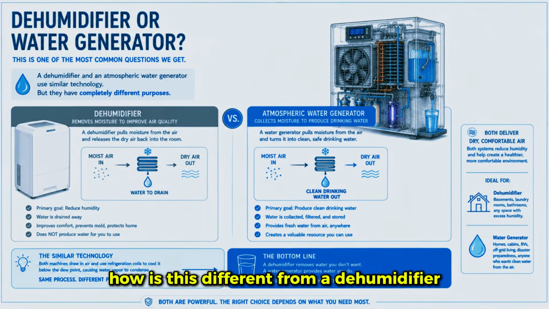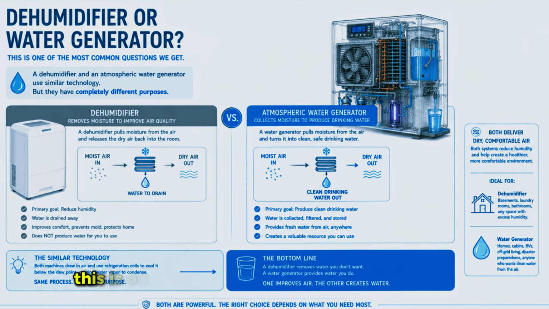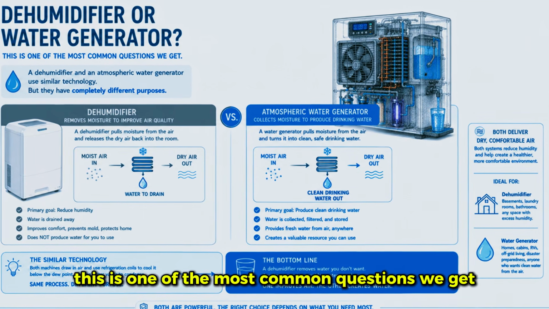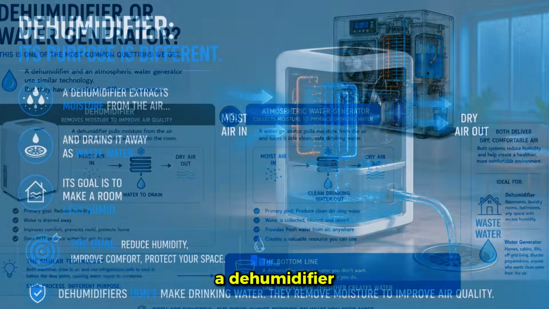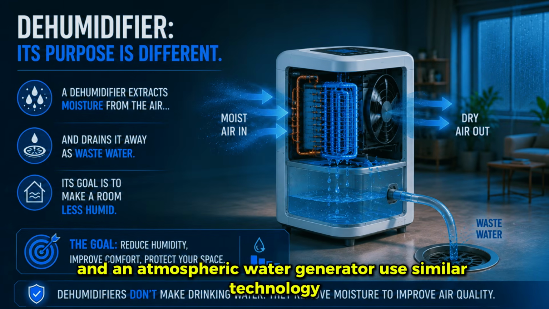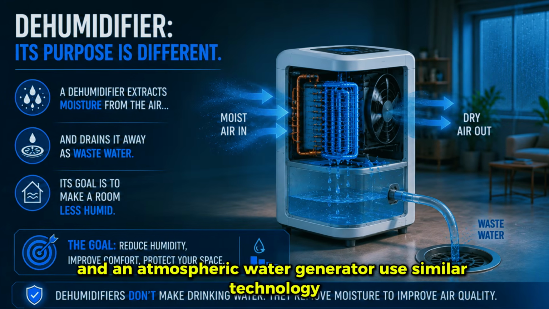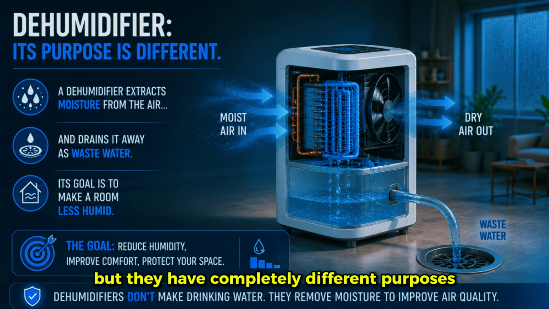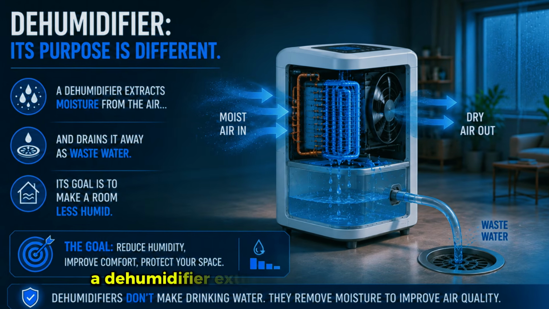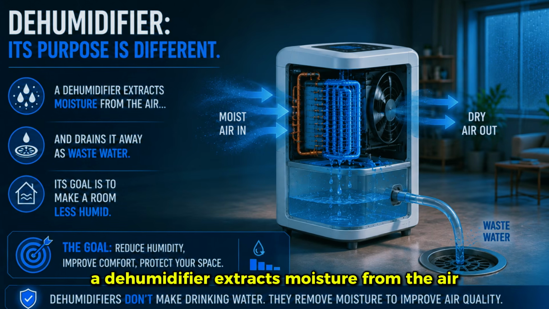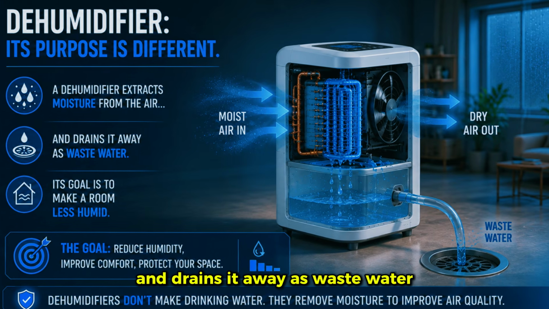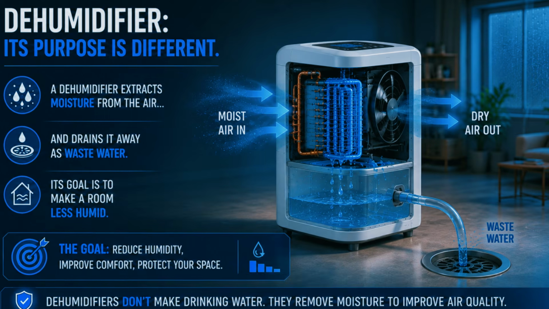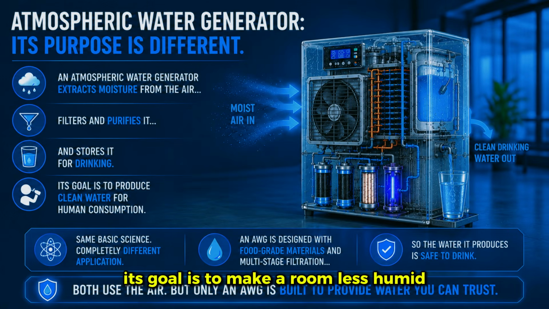How is this different from a dehumidifier? This is one of the most common questions we get. A dehumidifier and an atmospheric water generator use similar technology, but they have completely different purposes. A dehumidifier extracts moisture from the air and drains it away as wastewater. Its goal is to make a room less humid.